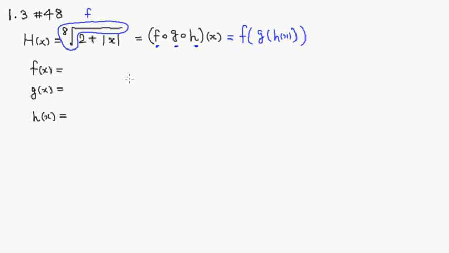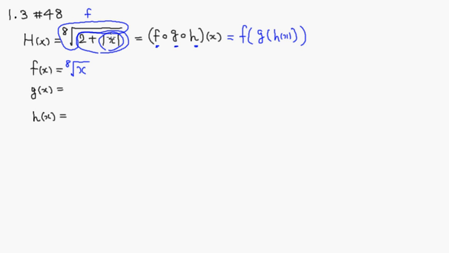Then we can write f of x as the eighth root of x. Then the middle function is going to be 2 plus the absolute value of x, right? So you can think of 2 plus something right here.